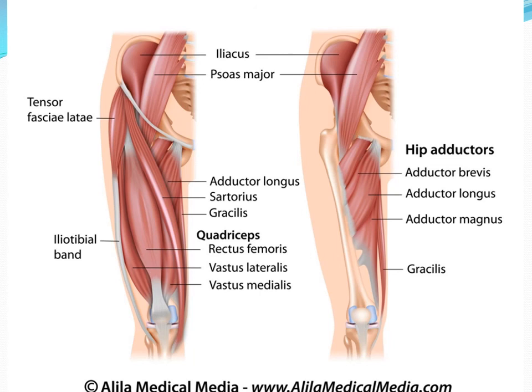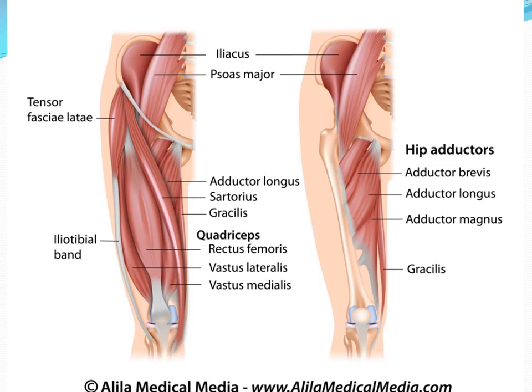Because it attaches to your tibia, the quadriceps as a whole, all of them will contract to extend the knee. The rectus femoris will work with other muscles to cause flexion at the hip.